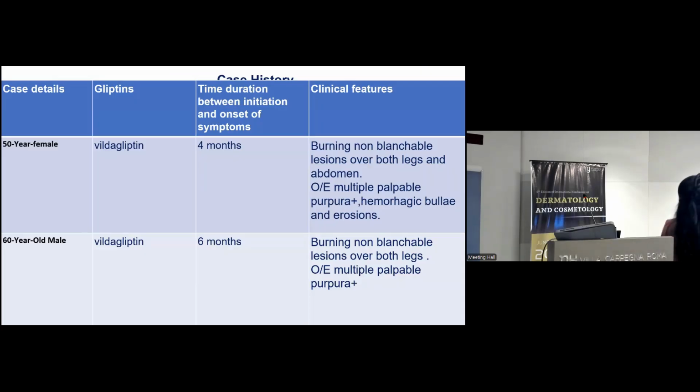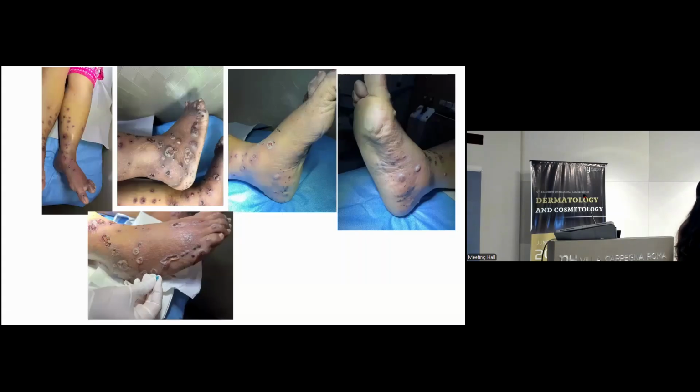Similarly, we had a 50-year-old female on vildagliptin for 4 months and a 60-year-old male on vildagliptin for 6 months. There were a few peculiar lesions. It was a biopsy-proven vasculitis, but we can see these bullous hemorrhagic lesions, which were quite aggressive, present in this patient.